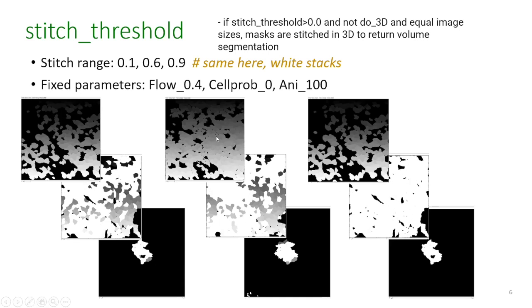So in the second one, you see that some cells are actually stitched through the stack of images. But on the right side, you see that there are blanks in the middle. So I take 3 images of 13 in general: the first one, the 6th one, and the 13th one.